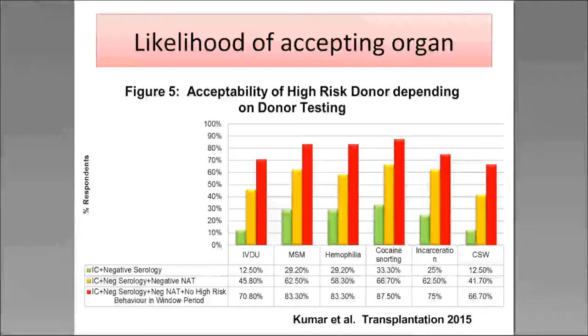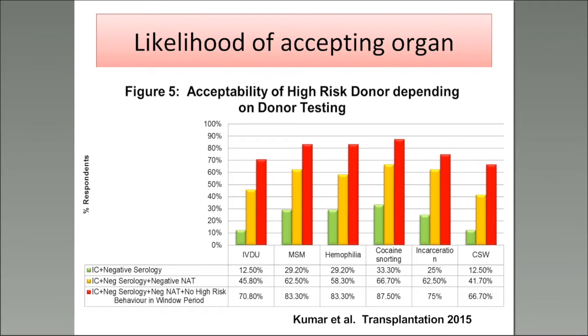This was a survey done through the CNTRP of physicians and surgeons across Canada, and it showed the likelihood of accepting one of these organs. I'm just going to look at the yellow line, which is if you get informed consent, the serology is negative and the NAT is negative.